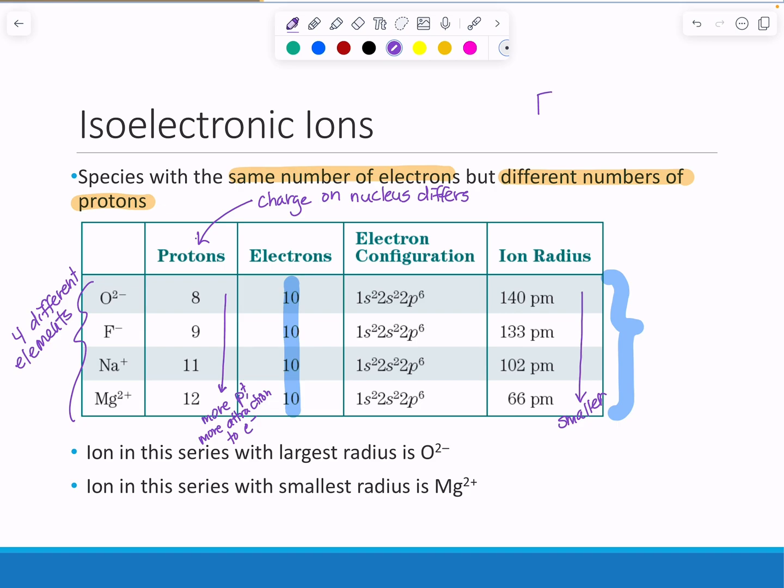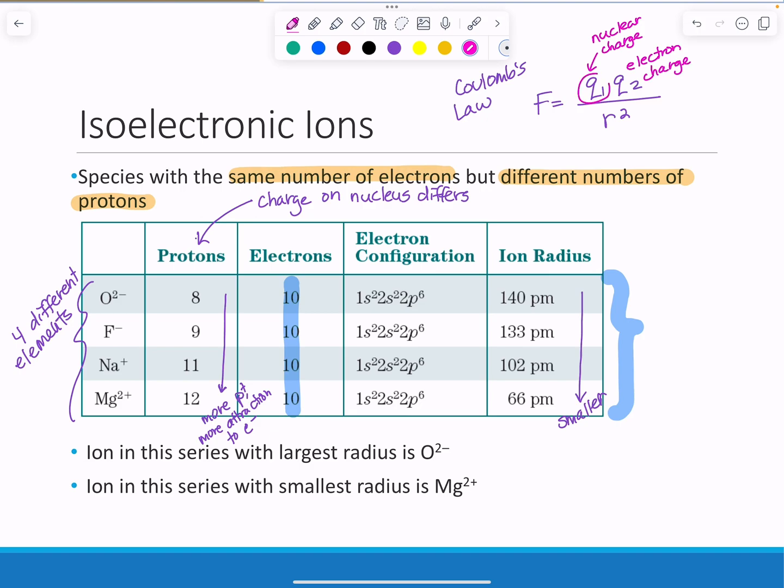And just to remind you, that's Coulomb's law. So let's say this is the nuclear charge, and this is our electron. If this number gets bigger, this number is going to get bigger.